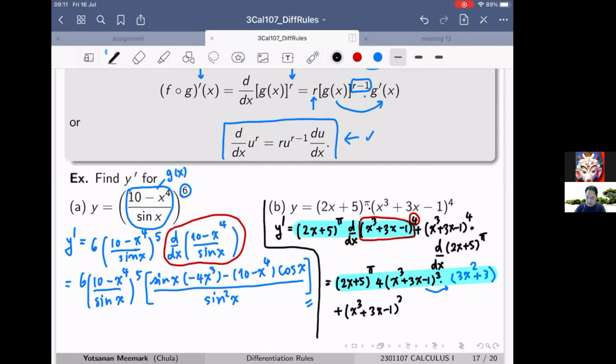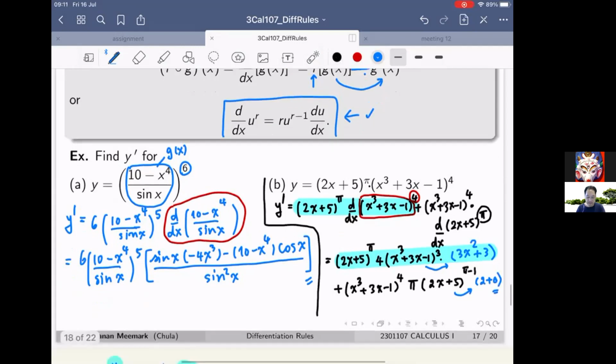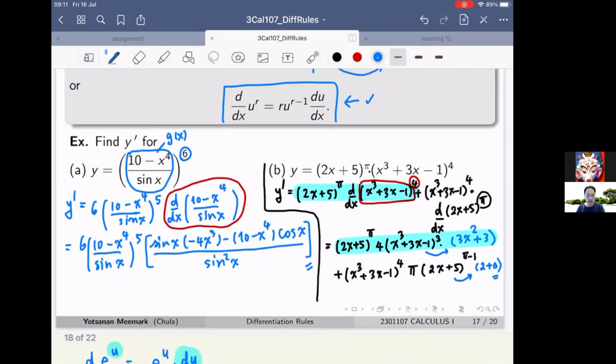This one you copy, and for the derivative of this one right here, you just kick down the pi, and then this one is (2x plus 5) to the power pi minus 1, times the derivative of the inside, which is 2 and 0. And again you can leave your answer like that, no need to really simplify. Okay, we good. So this is your chain rule, the y prime.